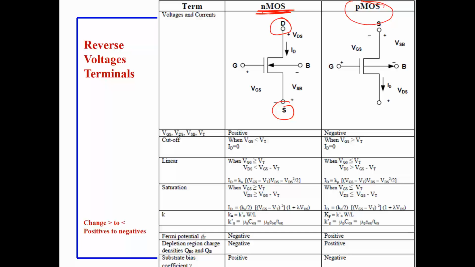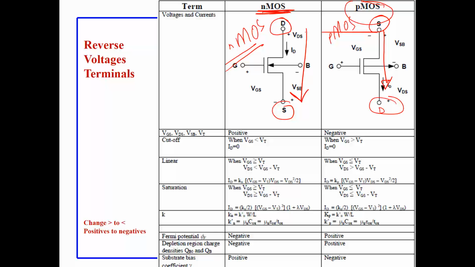That's why the current flows from drain to source. That's the NMOS device. Well, how about the PMOS device? For the PMOS device, the source has higher voltage than the drain, so the current flows from the source to the drain. It's opposite to the NMOS.